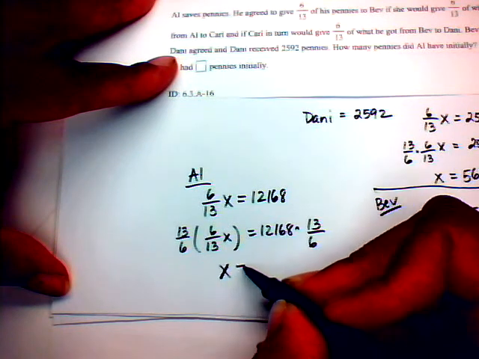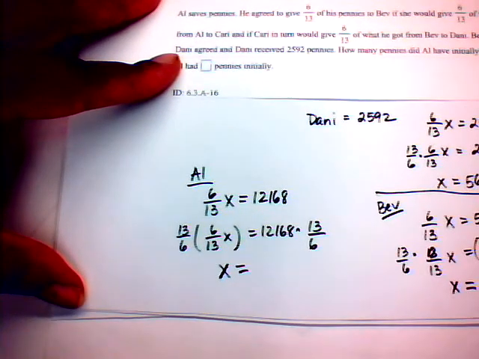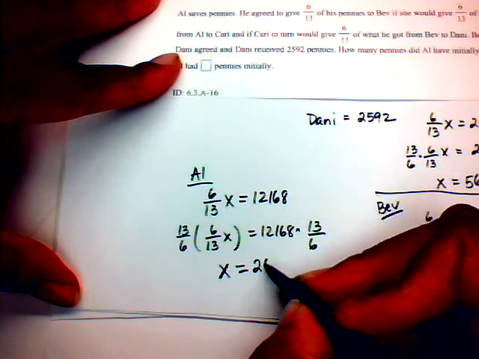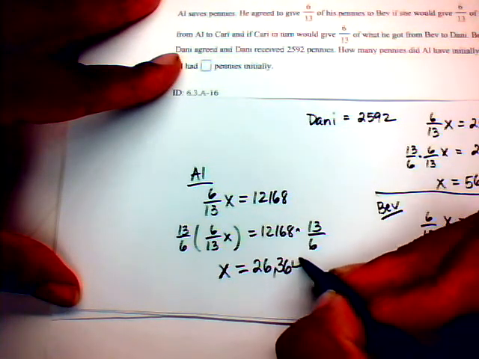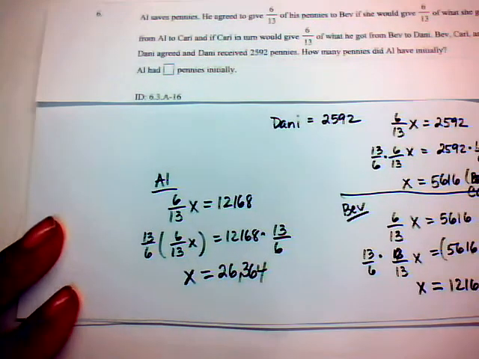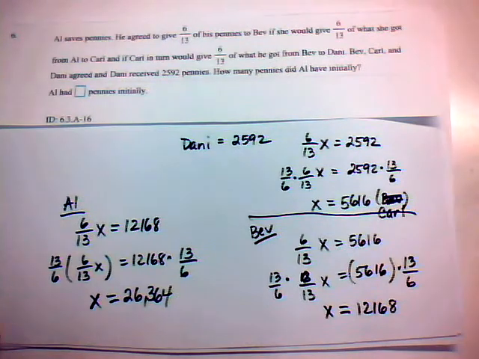So here x is equal to 12,168 times 13 divided by 6, which will give you 26,364 pennies. So Al initially had 26,364 pennies.